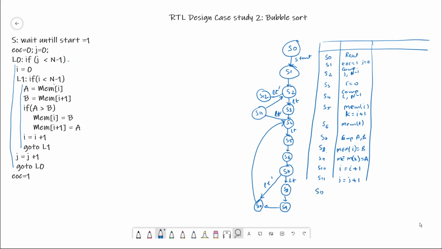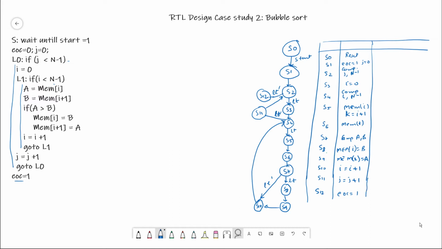So in S12, basically in S2 state, if j is not less than, so that means j is more than n minus 1, then we are going back to EOC equal to 1. So that is my last state, EOC equal to 1. Okay.